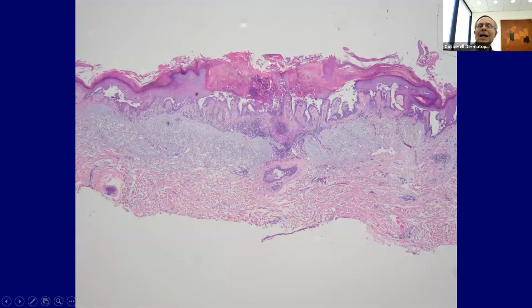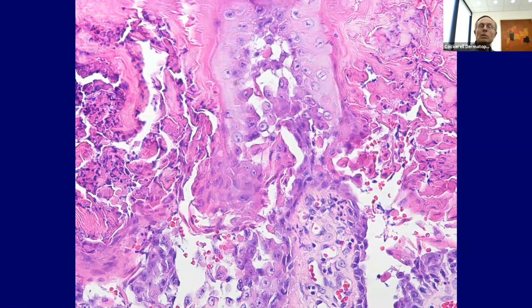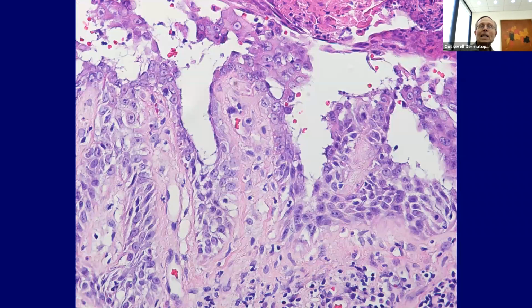Low power goes side to side. So it's not just a tiny focal acantholytic process. There is some dyskeratosis as well. So we've got this diffuse, so-called dilapidated brick wall. And once you say dilapidated brick wall, you can't not think of the diagnosis, right? Of course, Hailey-Hailey disease. And that's actually what this is.